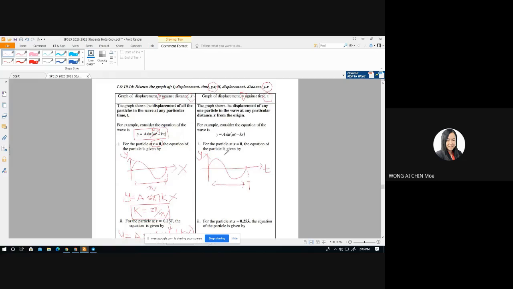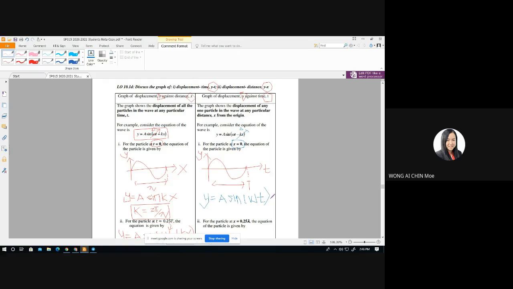If we draw y versus t when x equals 0, you substitute x equals 0 and you will get y equals A sine omega t. This is the general equation for the particle when x equals 0.